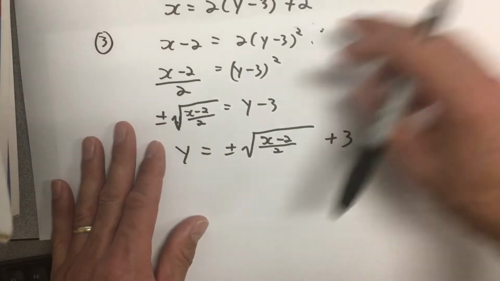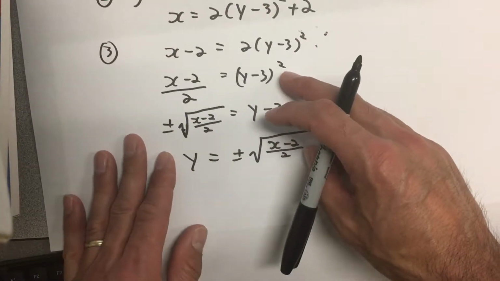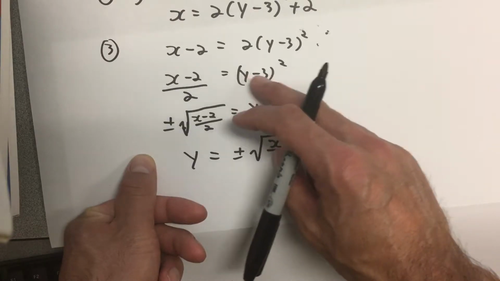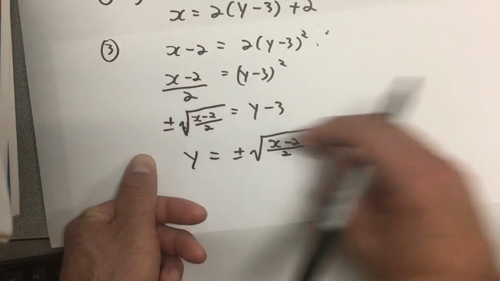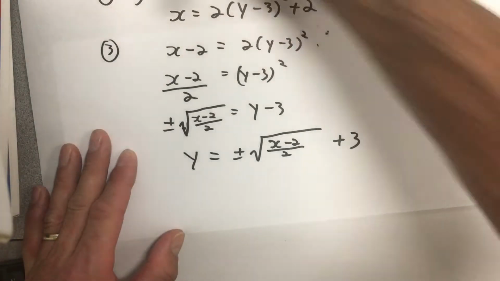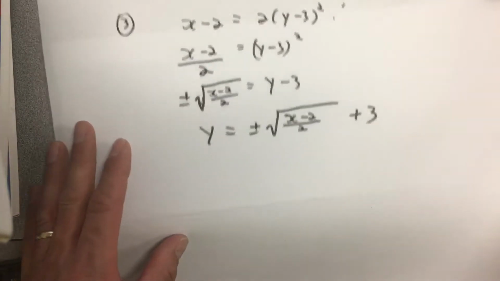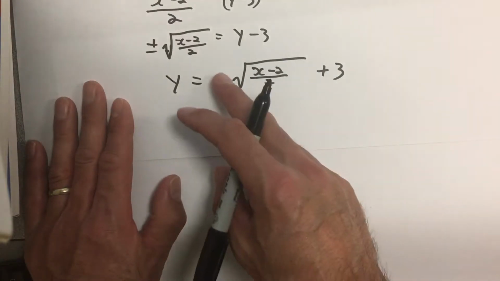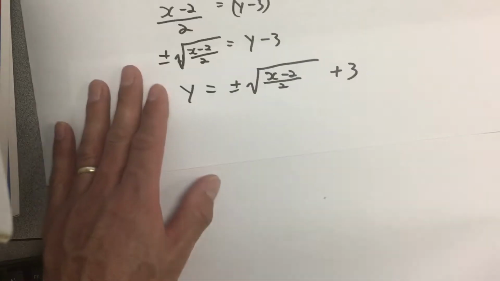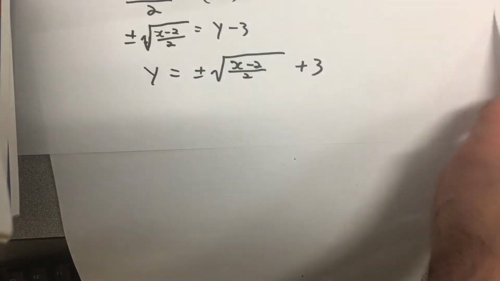Remember, whenever we get rid of a squared sign, we accept the fact that a positive or negative value inside of here would give you a positive value out here. So likewise, we're going to do exactly the same thing, identifying that we could have the plus or minus of the square root. I'll show you a real simple example to hopefully clarify this.